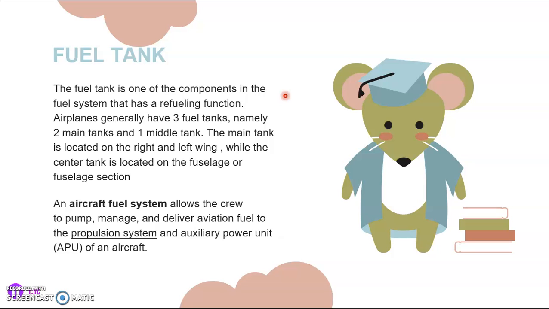Airplanes generally have three fuel tanks, namely two main tanks and one middle tank. The main tanks are located on the right and left wing, while the center tank is located on the fuselage section. An aircraft fuel system allows the crew to pump, manage, and deliver aviation fuel to the propulsion system and auxiliary power unit, or APU, of an aircraft.